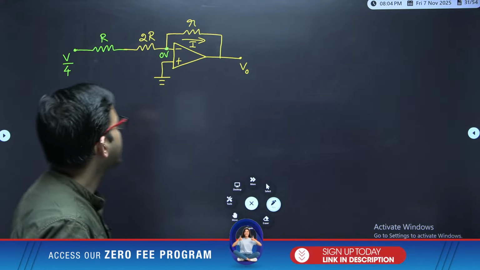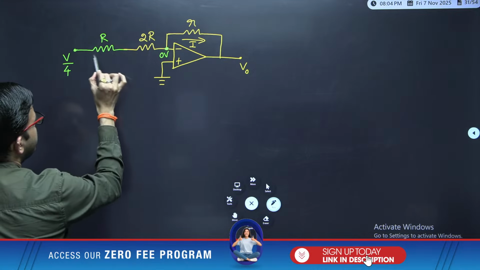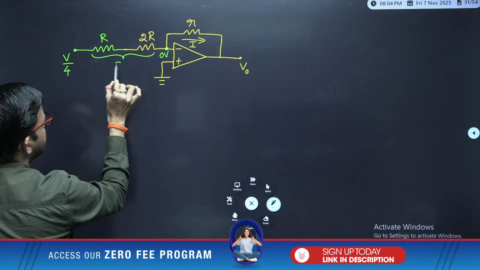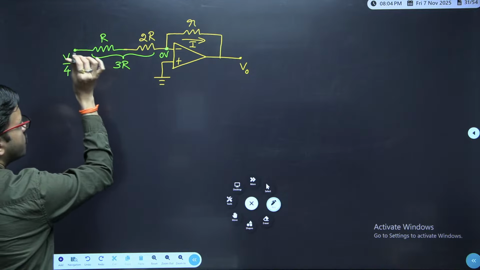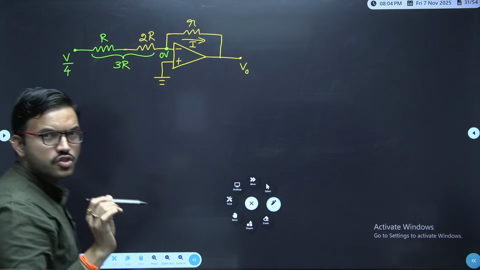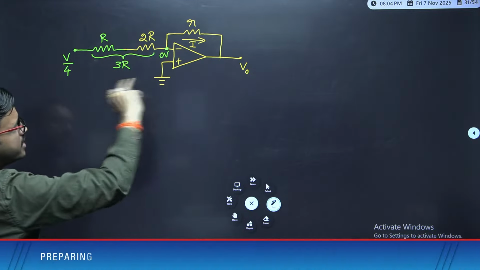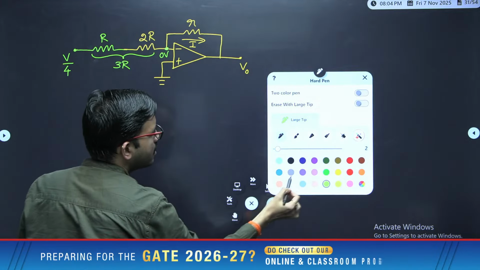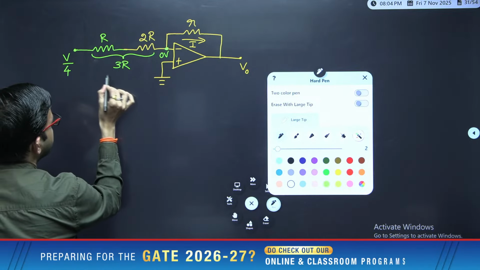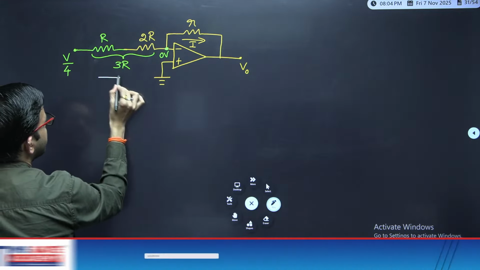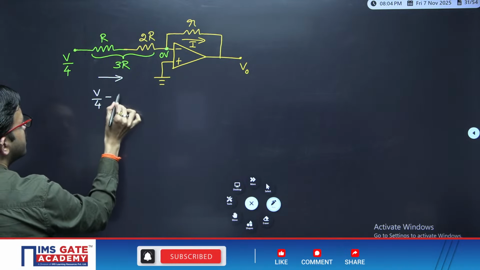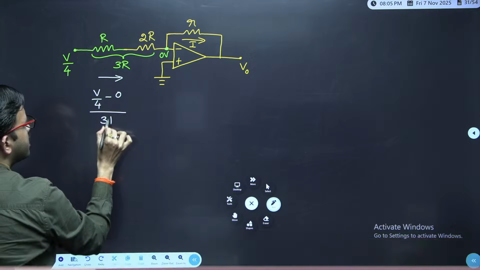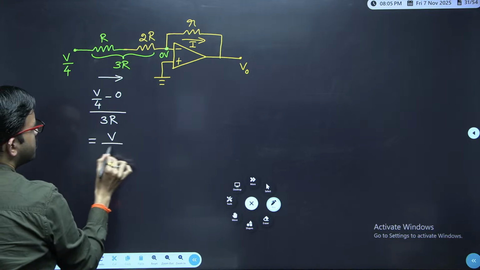So here it is very simple, you get 3R. One terminal of the resistor is at voltage V by 4 and the other terminal is at voltage 0, so definitely the current is flowing like this. That current is V by 4 minus 0 divided by 3R, which gives V by 12R.